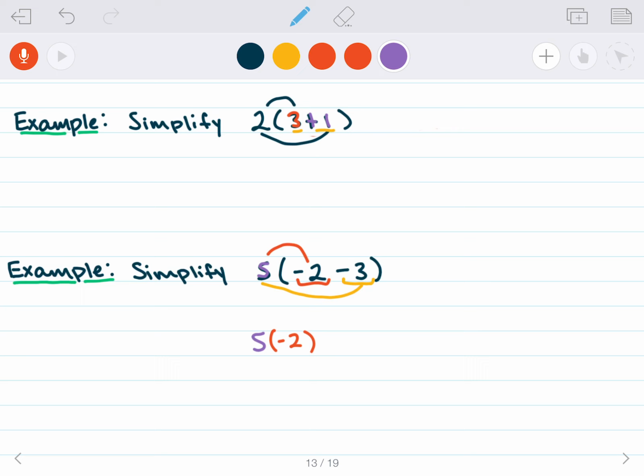And then the second thing we're going to do is 5 times negative 3. So 5 times negative 2 is going to give us a negative 10. And 5 times negative 3 is going to give us a negative 15. And then negative 10 minus 15 is negative 25. And that's our answer.